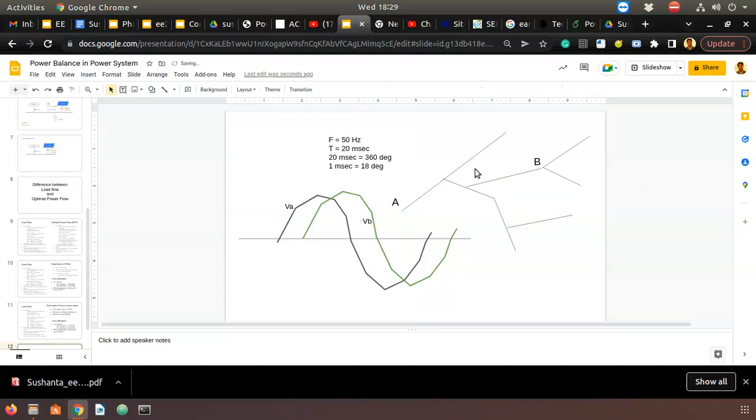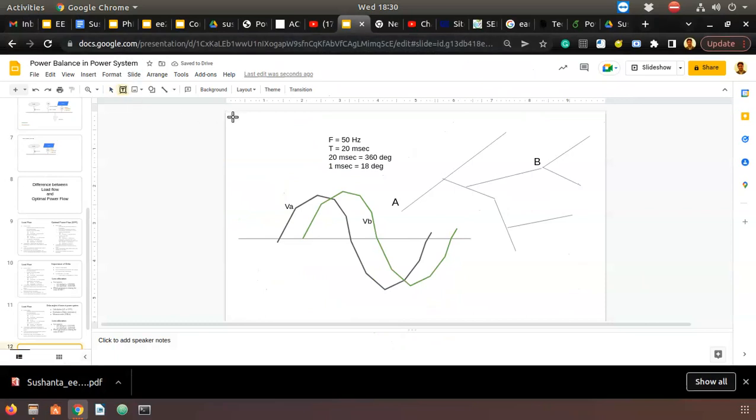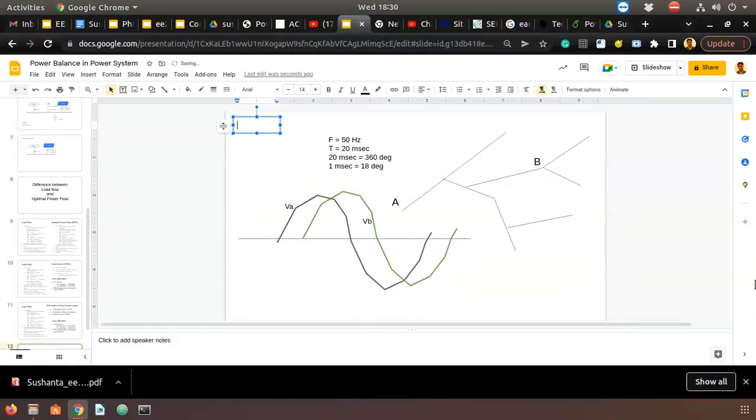What you're doing basically is taking the values in a tabular form: time, and small va, that means the instantaneous value with respect to time.